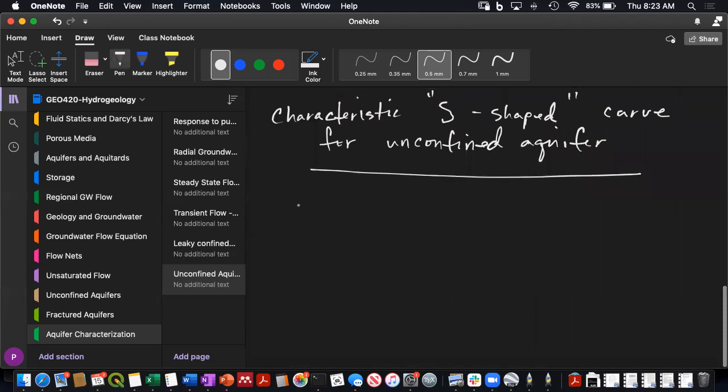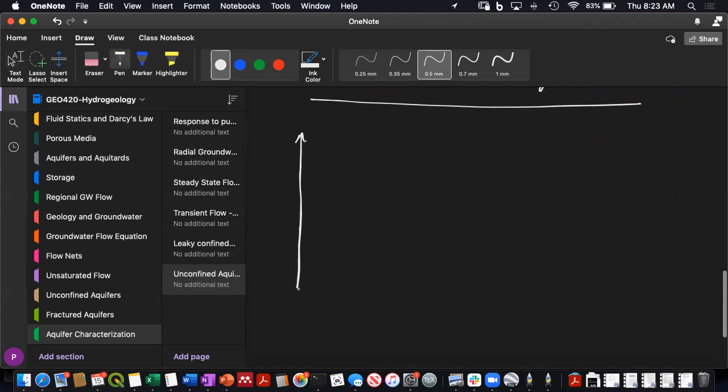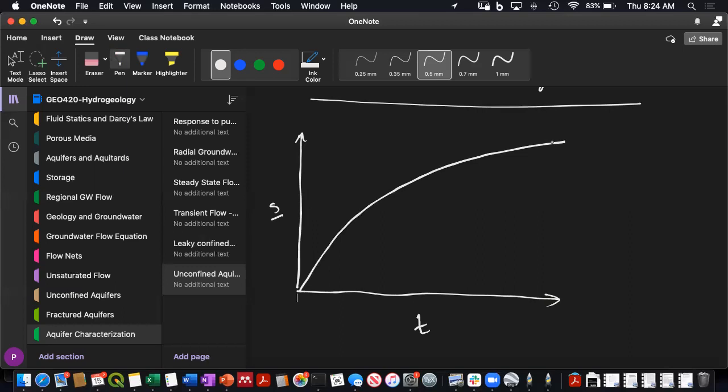If we were to plot our drawdown versus time for an unconfined aquifer, first of all, I'm going to plot the Theis response, because that's always our standard with which we judge everything else.